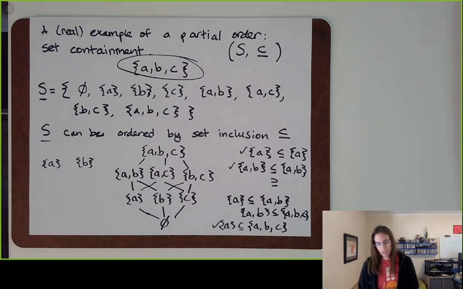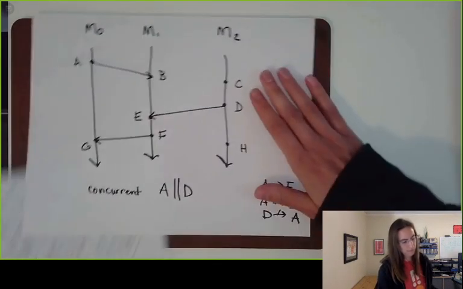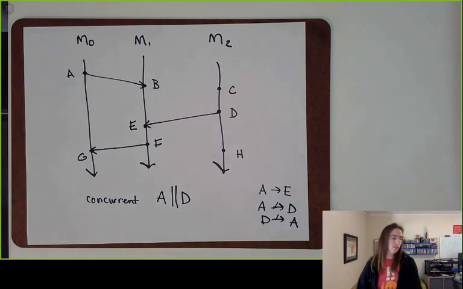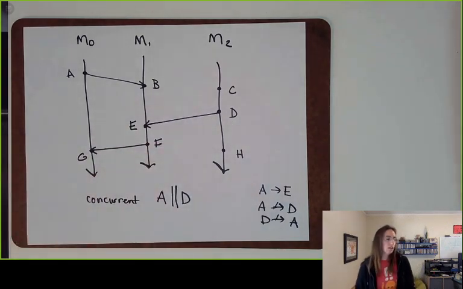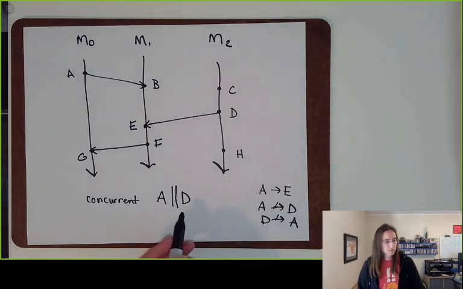So if we go back to the picture that we were showing a second ago, of a whole bunch of events that happen in an execution of a distributed system, like we said, some of these events are going to be concurrent, like A and D, for example. So those are events that aren't ordered by the partial order.